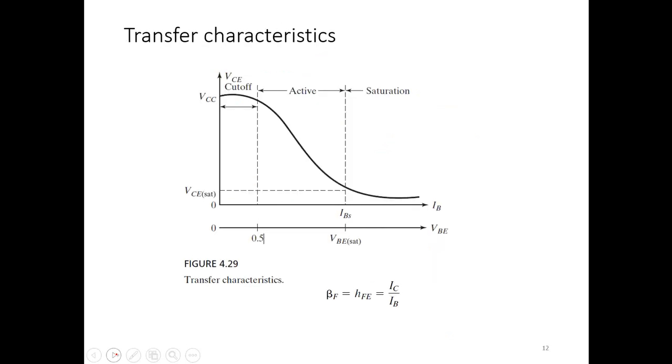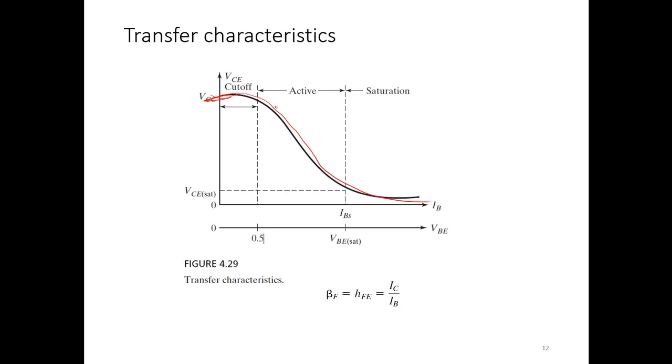Sometimes you have to overdrive it. If you look at the transfer characteristic, if you do nothing, the collector to emitter voltage is at the maximum. As you apply the base current, slowly more current comes, and the collector emitter voltage becomes less, and that goes to the transition.